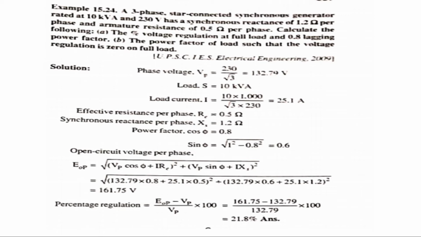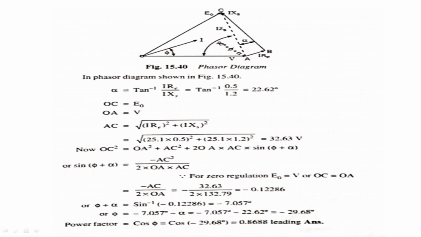Effective resistance per phase is 0.5 ohms and synchronous reactance per phase is 1.2 ohms. Power factor is 0.8, and sin phi we calculate as 0.6. Substitute all the values in the E0P equation to get the open circuit voltage per phase. Substituting in the voltage regulation formula, we get 21.8%.